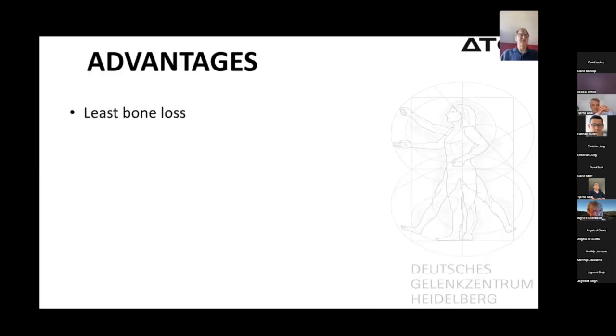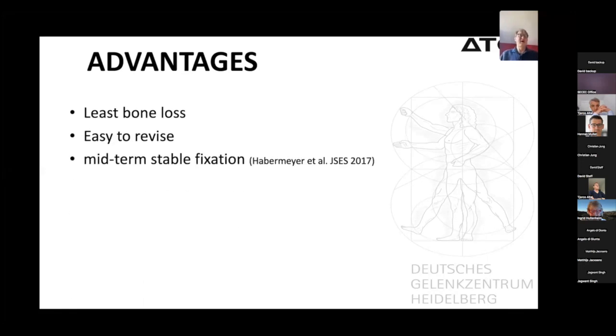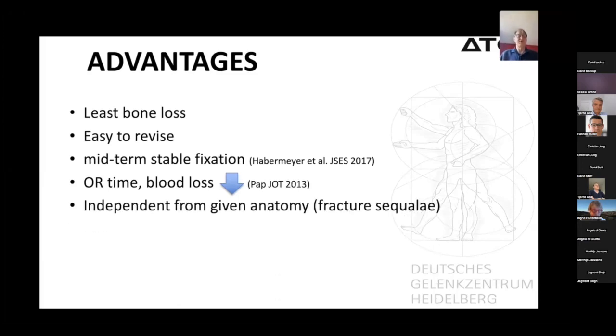So the advantages are you have the least bone loss with this implant. They are easy to revise. We have proven good midterm and long-term fixation. OR time and blood loss are significantly reduced in contrast to stemmed prostheses, and it is independent from the given anatomy.